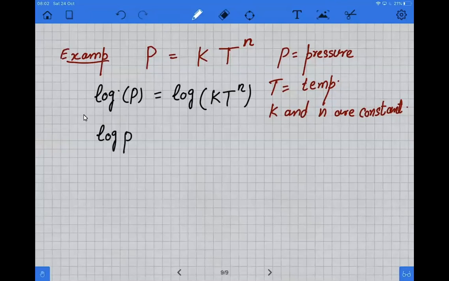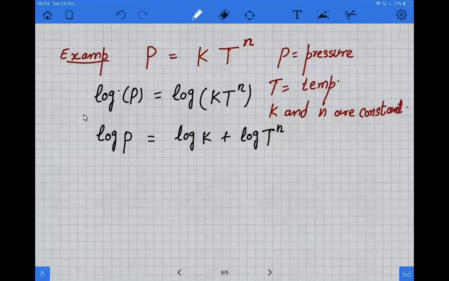It will lead towards log of p is equal to log of k plus, product becomes sum, plus log of t power n. Now this n will become the coefficient.